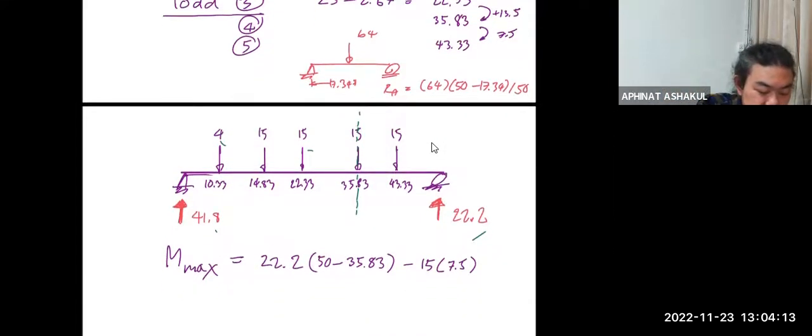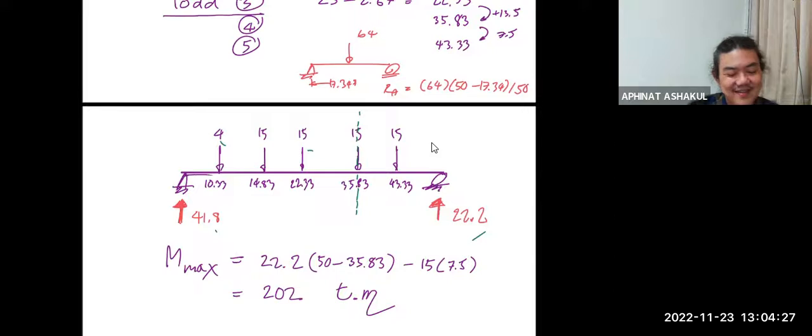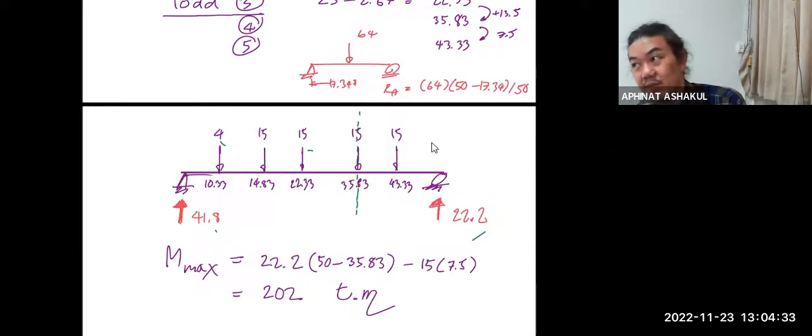If you're curious, you can try from the left and see if we have the matching number.